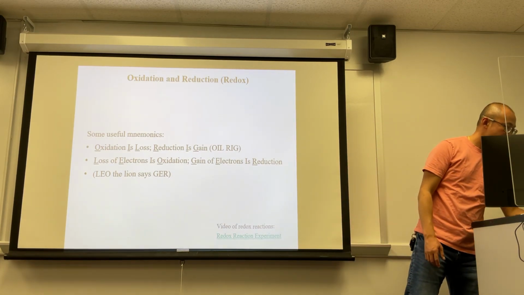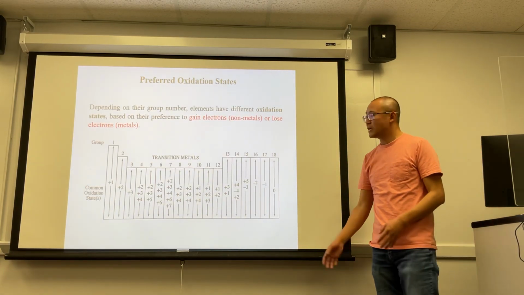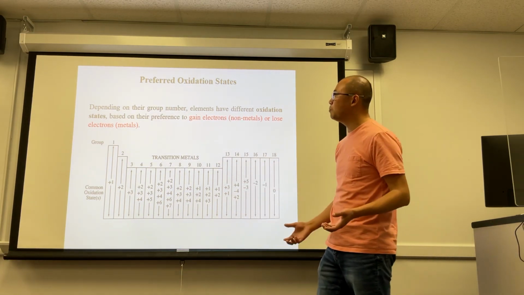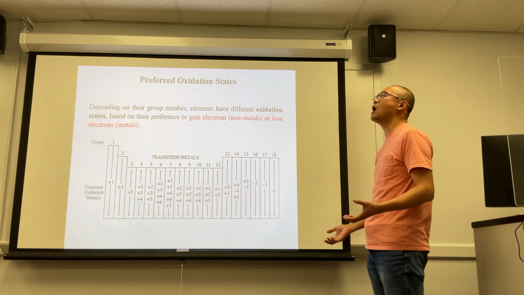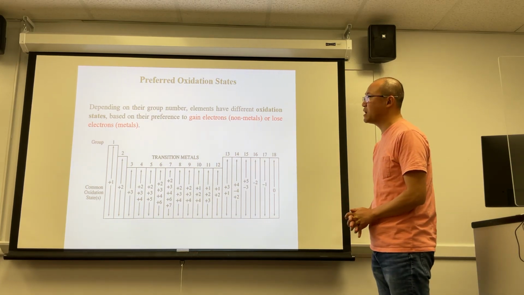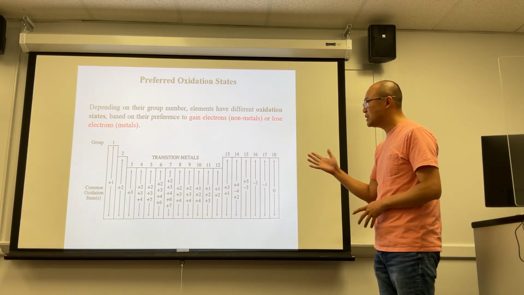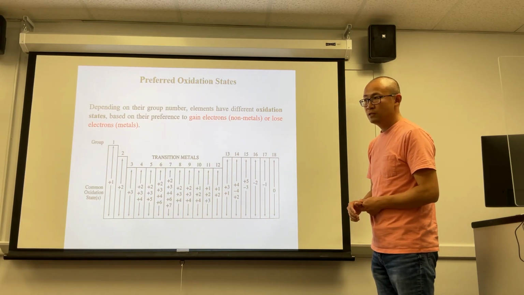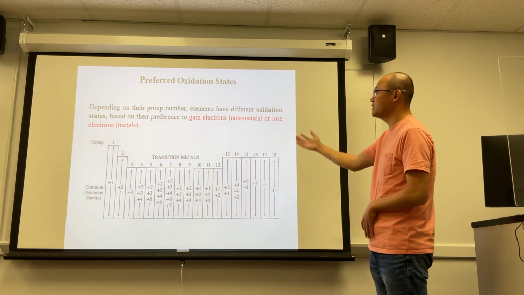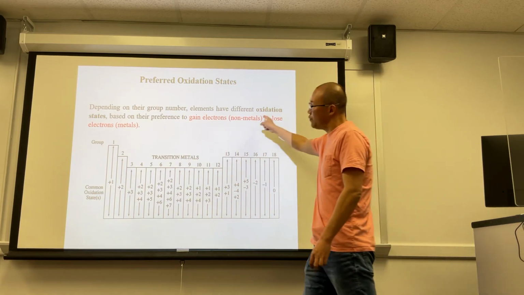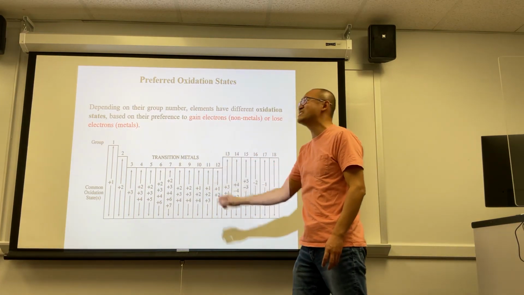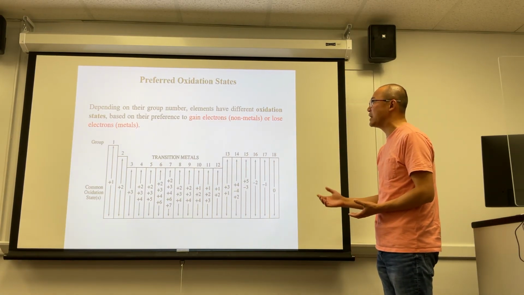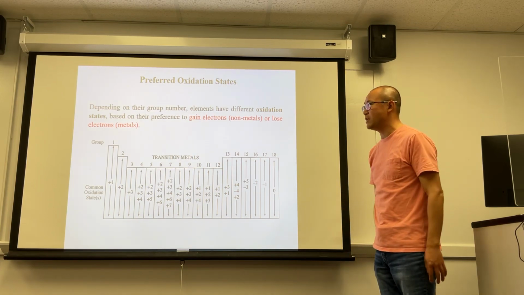Now, like we showed with nickel already, nickel is actually changing from 3 plus to 2 plus. That's very common in redox reactions because different elements can have different charges. Depending on their group number, they will have different oxidation states. Basically, they have a preference of gaining or losing different numbers of electrons.